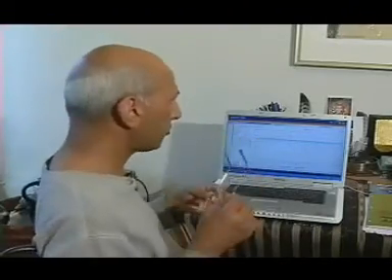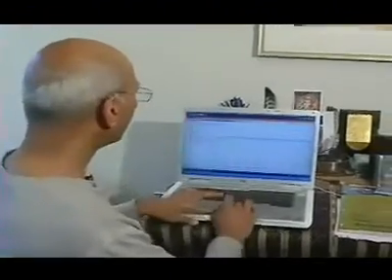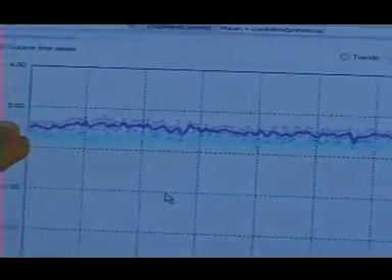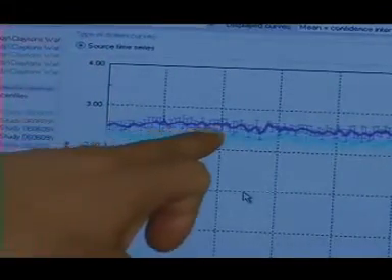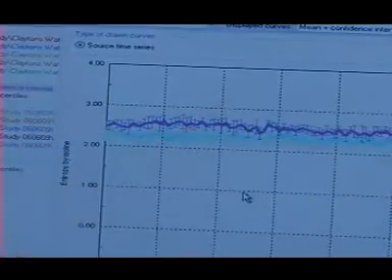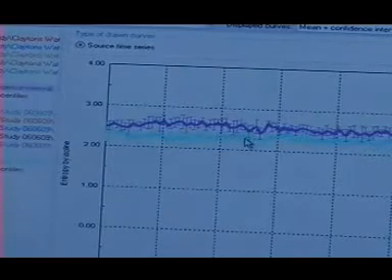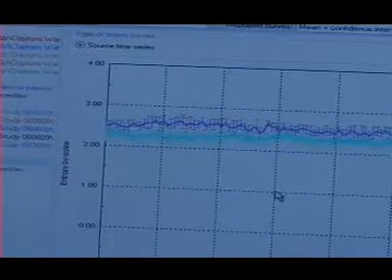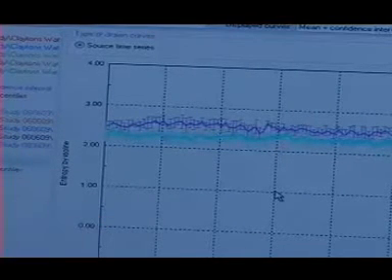Now we look at entropy. Initially, which is this line, we can look at the peaks and valleys, and we can see that there are a lot of peaks and valleys going all the way across. Now let us see if those peaks and valleys are minimized or smoothened out a little.